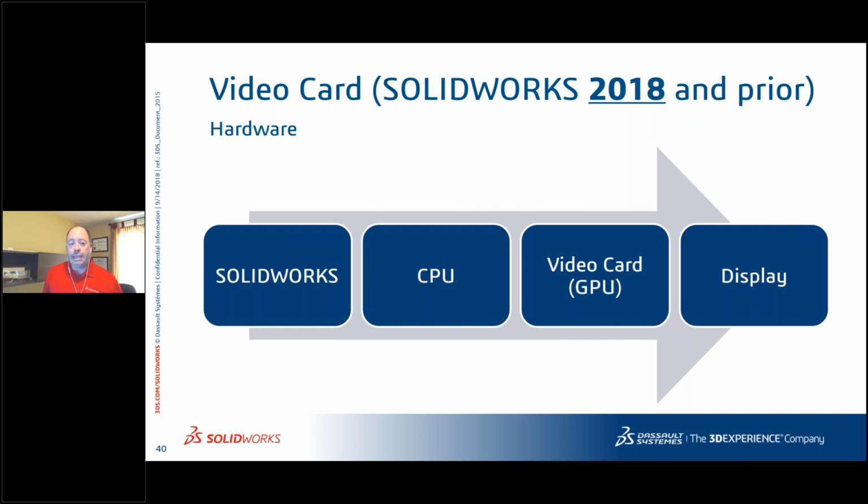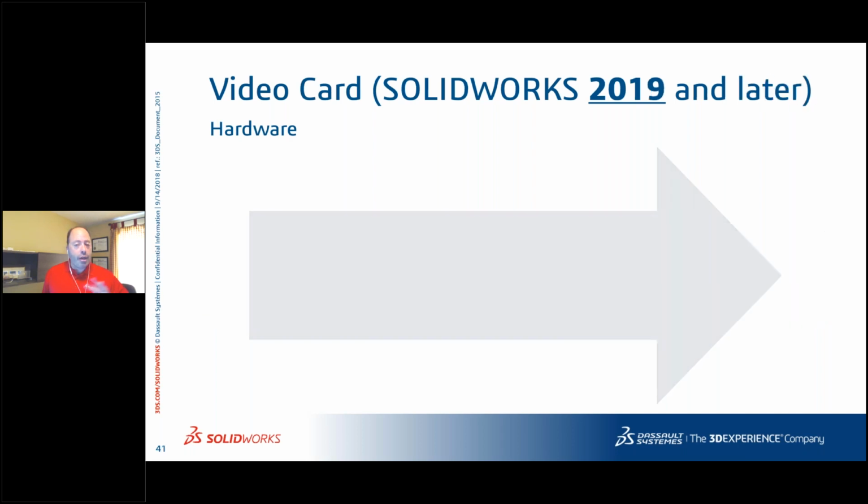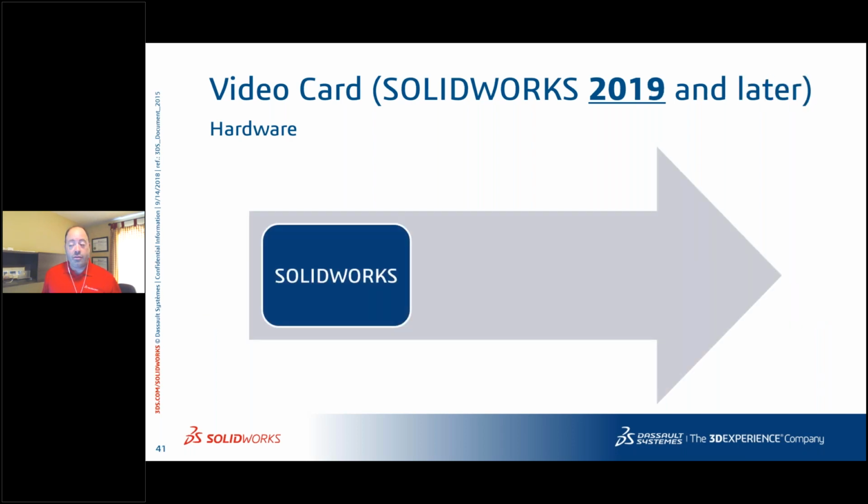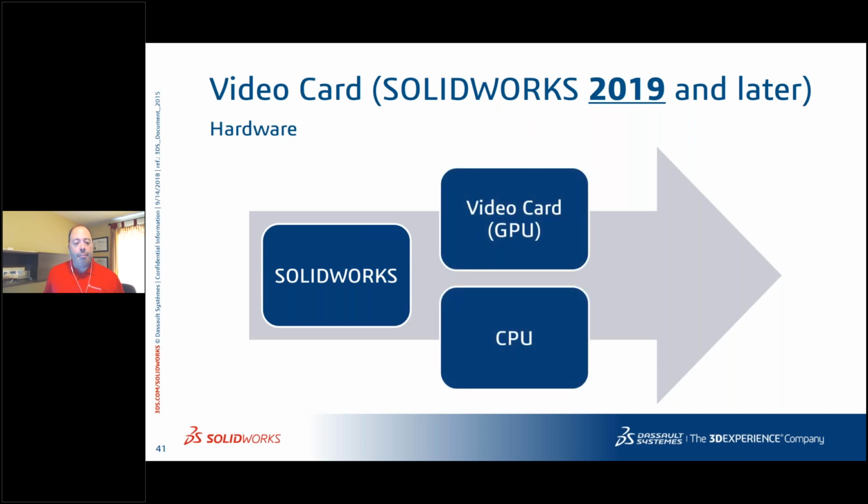In 2019, we're re-architecting the whole graphics engine, and it's the biggest re-architecture of the graphics engine since the start of SOLIDWORKS, so it's a pretty big deal. Basically, we can now send information to both the CPU and the GPU at the same time, so there are two benefits.